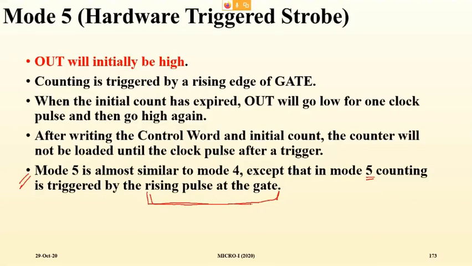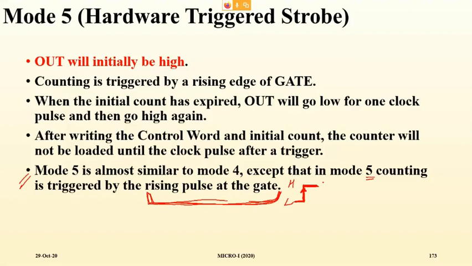So the counting will start the moment the rising pulse of gate is received. Rising means from low to high. Whenever gate takes a transition from low to high, only then the counter will start. This is the only thing that you have to keep in mind. Rest of the things are same as mode 4.